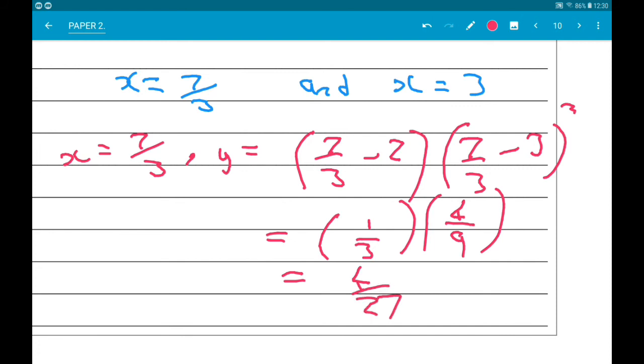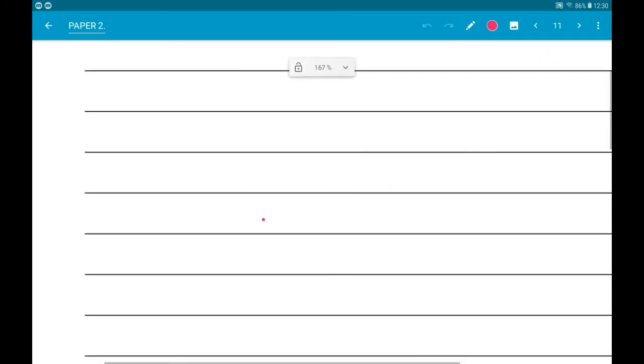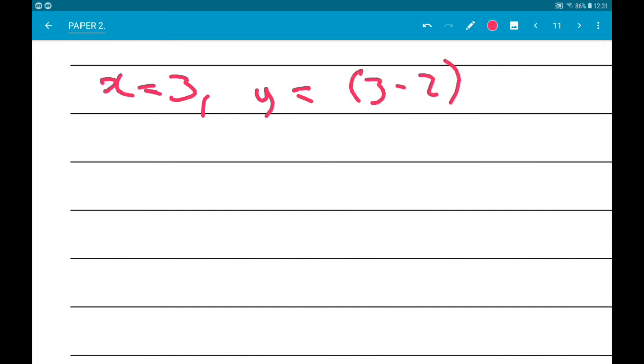Okay, and then much nicer when x is 3, y is 3 minus 2 times 3 minus 3 squared, which is 0.